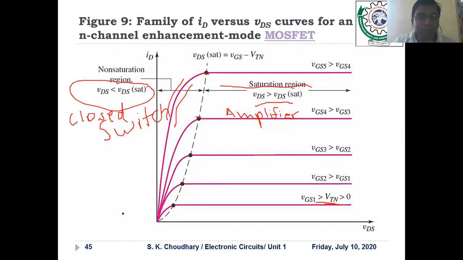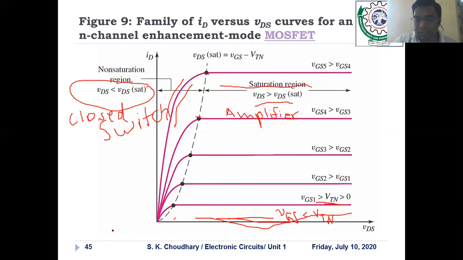But apart from these two, there is one more region, and the condition is that VGS should be less than VTN. When the gate-to-source voltage is less than the threshold voltage, it is another region, below this particular curve, where your drain current is zero.